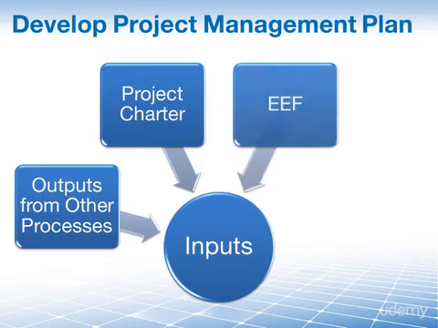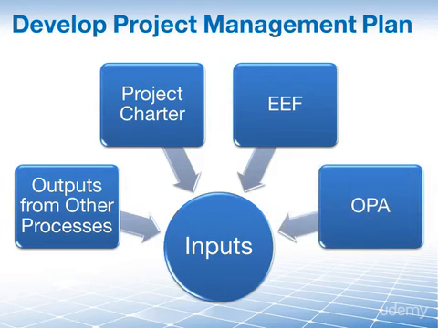And how the plan is developed is influenced by the enterprise environmental factors and your surroundings, as well as the organizational process assets that are being used. Let's see a few more examples of each to give some more depth and clarity to these inputs here.